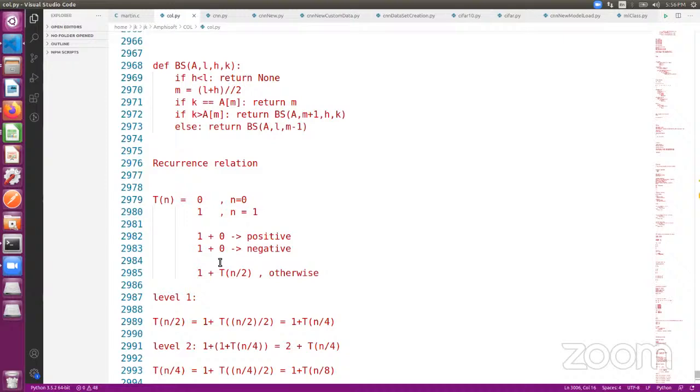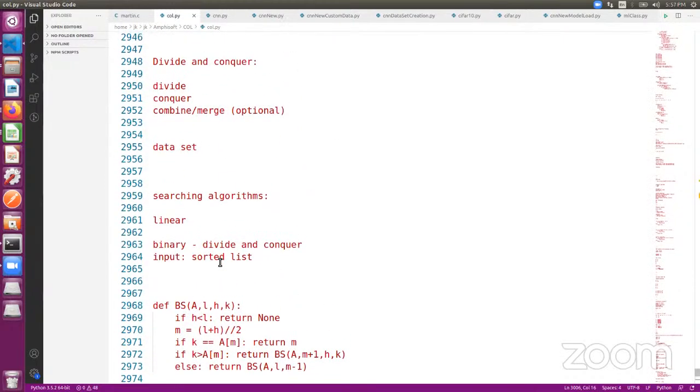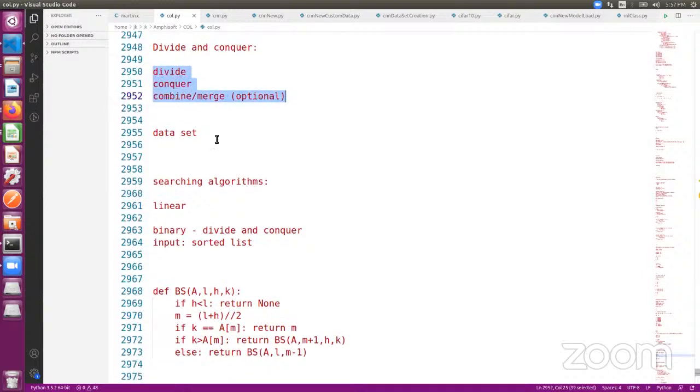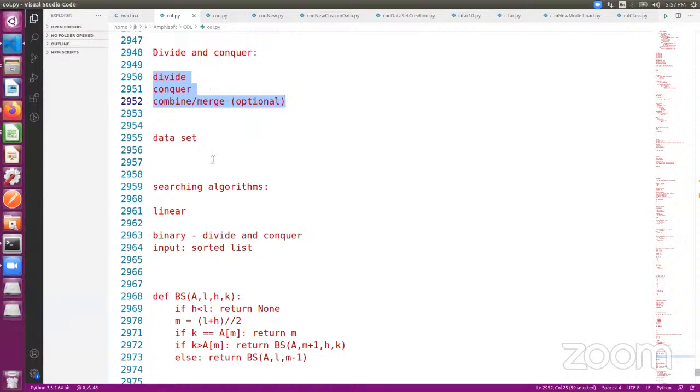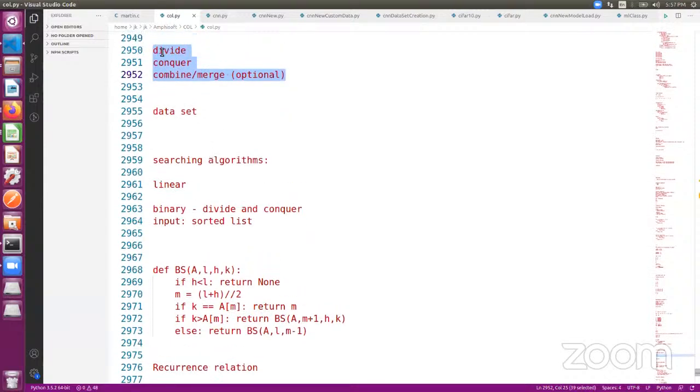Fine. So I told you that in divide and conquer, there are these 3 steps, right? And in this binary search, the third step is not there. Can you tell me which is the divide step and which is the conquer step in this binary search?